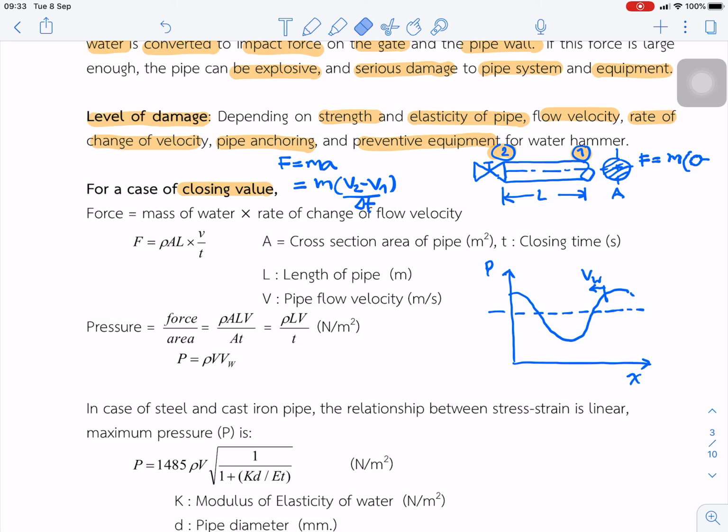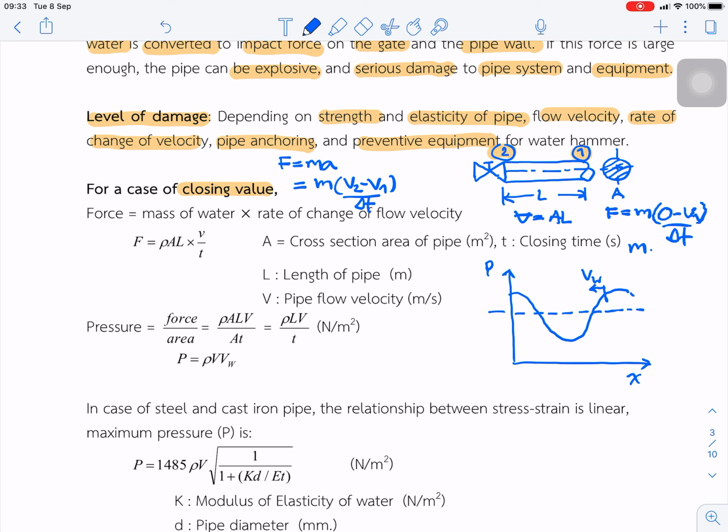Sorry, the area is small, so it is difficult, so we can write somewhere here. F is equal to m times v, because v2 is 0, so we only have v1 divided by delta t. And the volume of the flow is equal to area times the length.